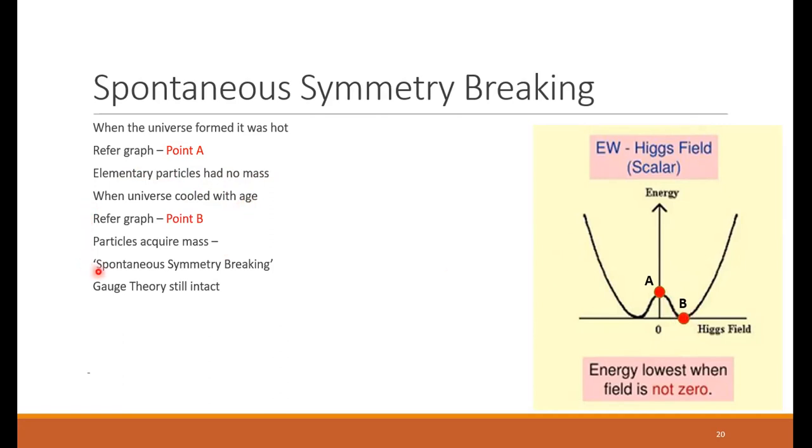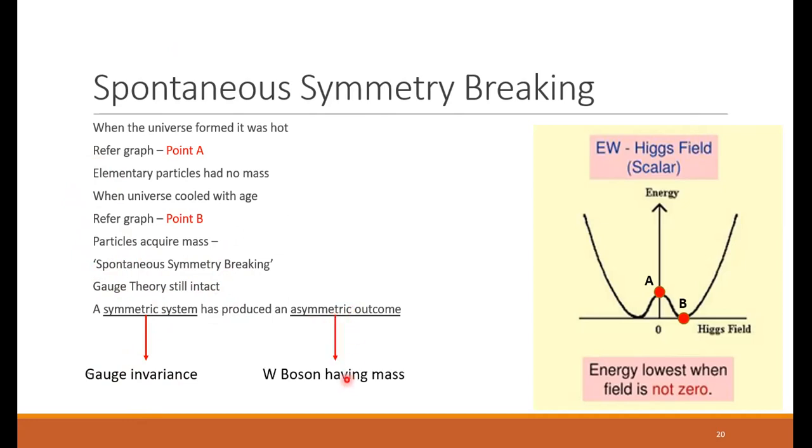We say that this is spontaneous symmetry breaking because an asymmetric outcome has been produced. But gauge theory is still intact, similar to how in the previous example, Maxwell's equations were still intact. So a symmetric system, that is gauge invariance, has produced an asymmetric outcome, the W boson having mass.